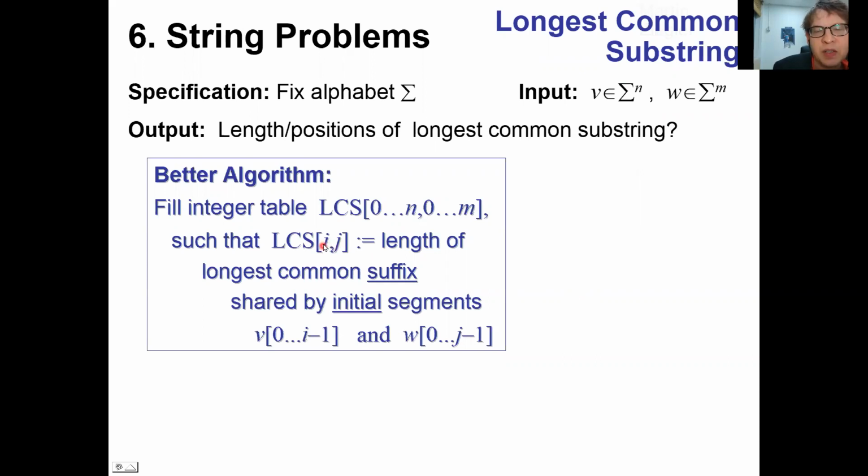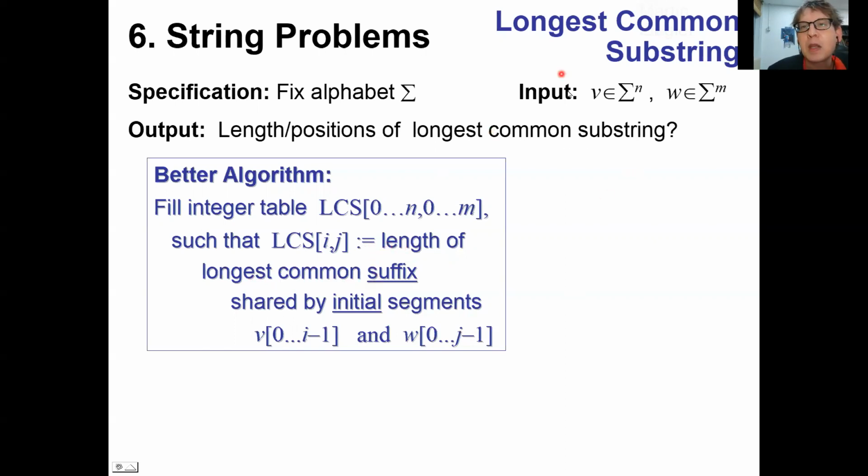So if we look at position I, j, that means we won't consider the entire string v, we won't consider the entire string w, but only the part up to position I-1, that is of length I. And here we won't consider the entire string of length m, but only the first j symbols up to index j-1, and determine the length of the longest common suffix in these initial segments, right? So the length, not actually the longest common suffix itself, but the length.